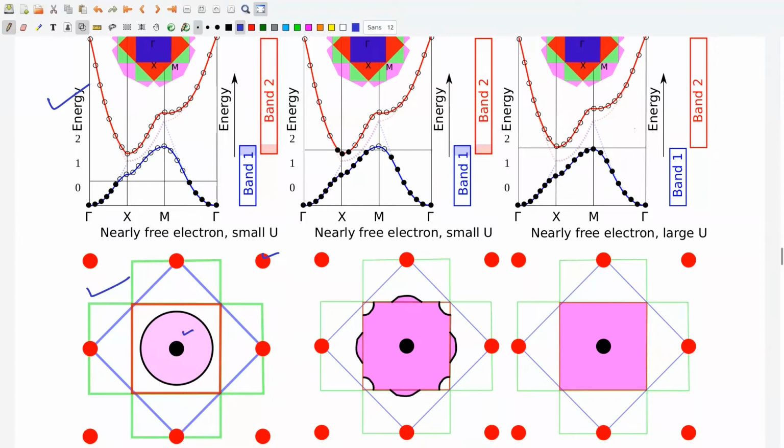The third diagram shows a divalent solid with some band gap. As a result, the first band is completely full and the second band is completely empty. This is an insulator. The second diagram is a divalent metal where both the first and second bands are partially full because of band overlap. The Fermi surface is fragmented, part of it lying in the first Brillouin zone and part of it in the second Brillouin zone.